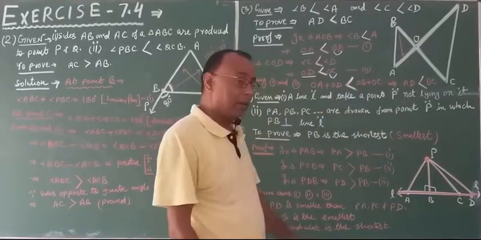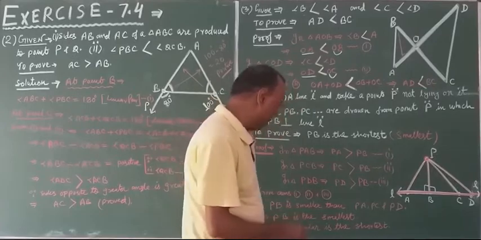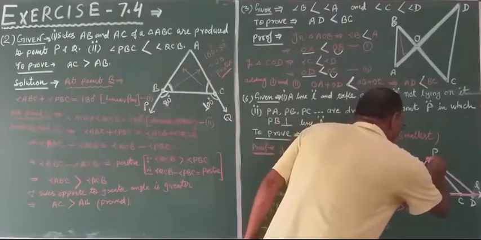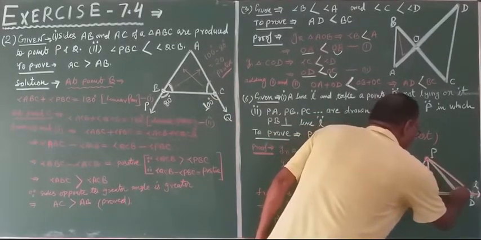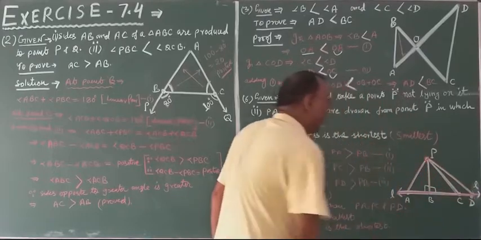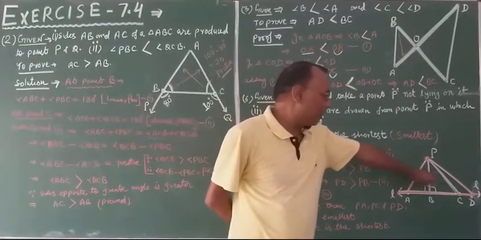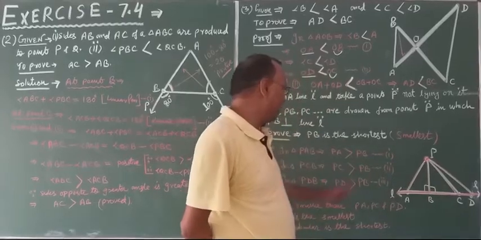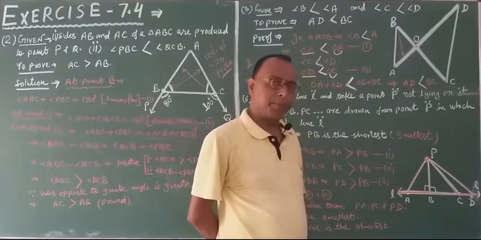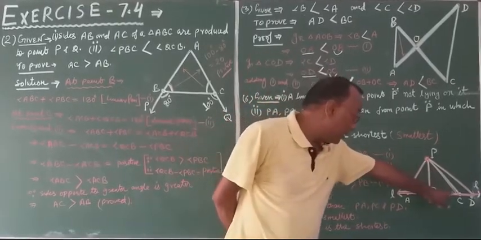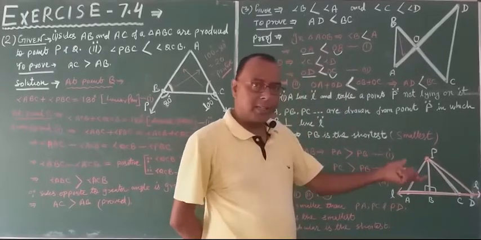Is it okay? Now in triangle PCB, just look here. PCB. Again, this is a right angle triangle. What is the hypotenuse for this triangle? PC. Again, this PC will be greater than PB. PC is the hypotenuse, so this will be greater than PB.